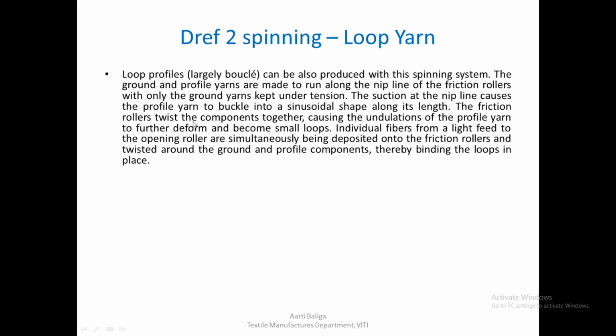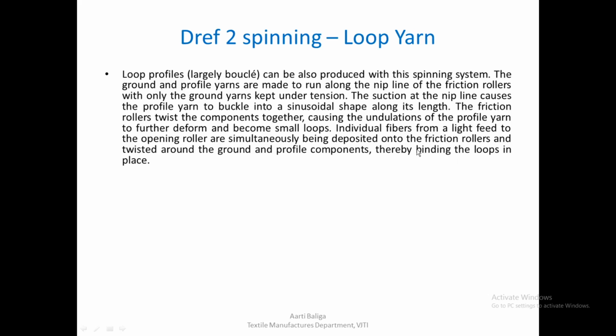The friction rollers twist the components together, causing the undulations of the profile yarn, that is whatever deformations have taken place in the profile yarn, to be twisted together, and they will become small loops. Individual fibers from a light feed to the opening roller are simultaneously being deposited onto the friction rollers and twisted around the ground and profile component, thereby binding the loops in place.